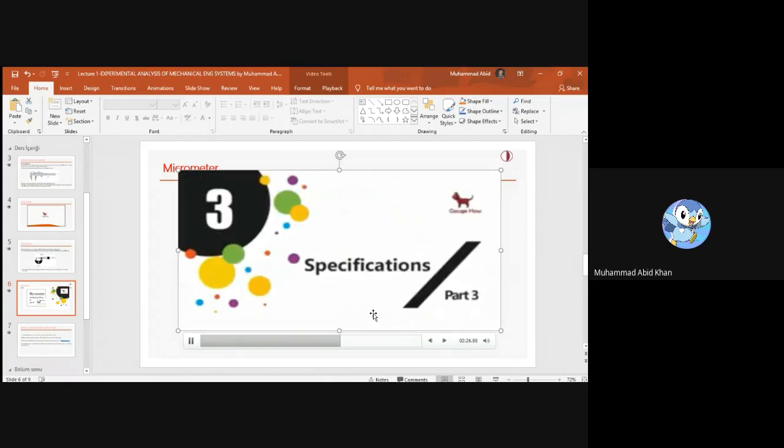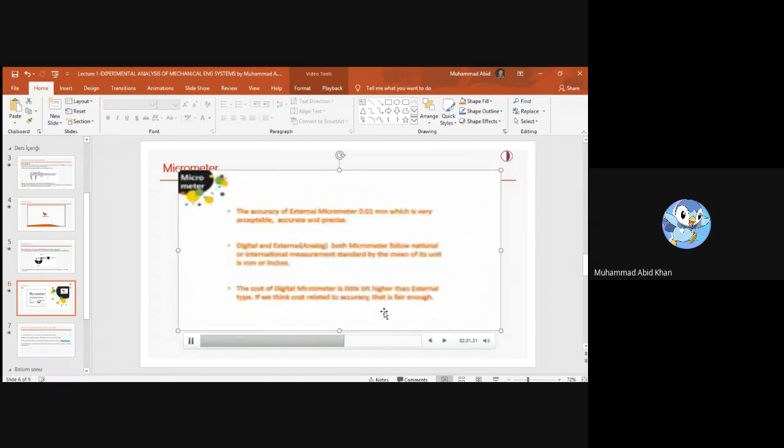Next are the specifications of it. The accuracy of the external micrometer is 0.01 mm, which is acceptable, accurate and precise. Digital and external micrometers both follow national or international measurement standards, with units of mm or inches.